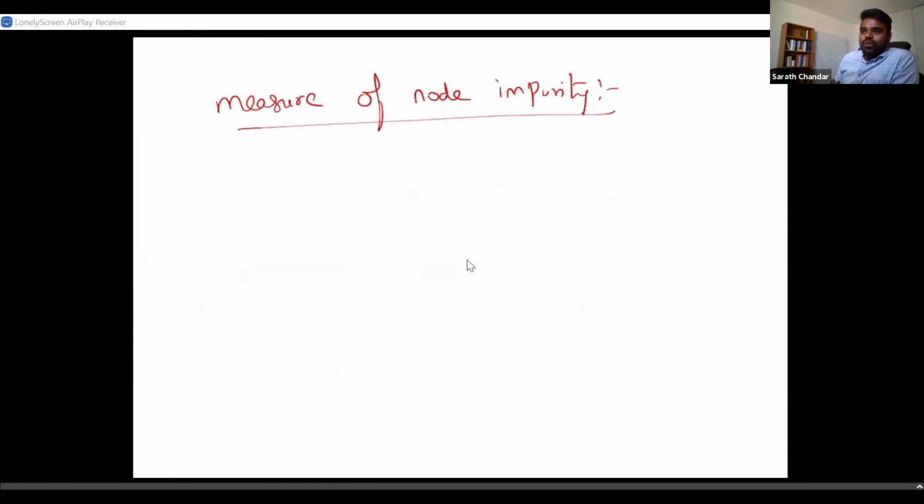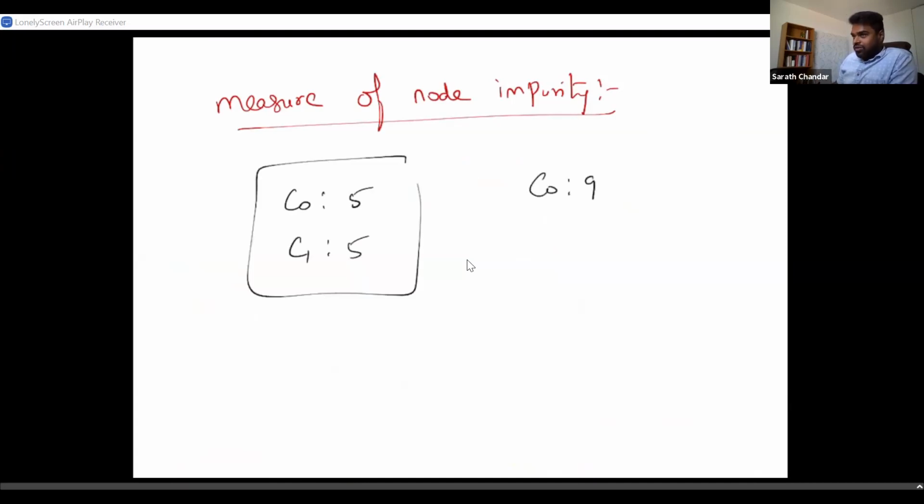Okay. So we want a measure or metric which will tell that this particular node is pure and it is preferred. Okay, I'll give you an example. So there could be one split which gives you 5 class 0 and 5 class 1. There could be another split which gives you 9 class 0 and 1 class 1.